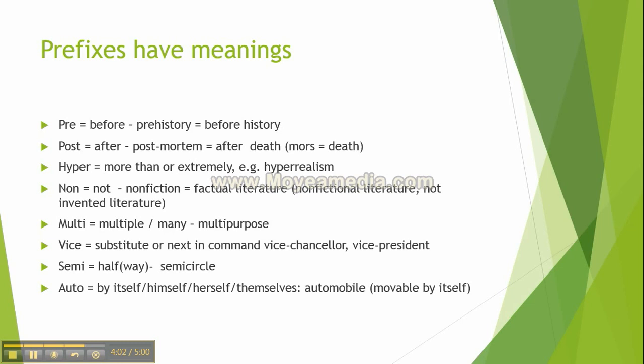So it's after death. Hyper means more than or extremely, and you could combine hyper with realism to have hyper-realism, so something that is more than real or extremely real. You use that about paintings, for instance.